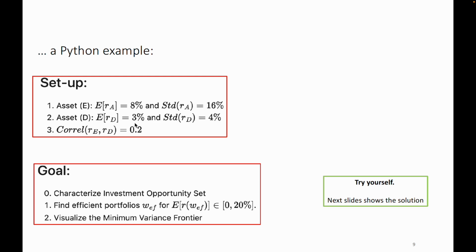So already here we see there's an expected premium of 5%. But we also see that the debt fund has a lower volatility. So the numbers are kind of realistic. And I'm assuming there's a correlation of 0.2 between returns of equity and returns of the debt fund.